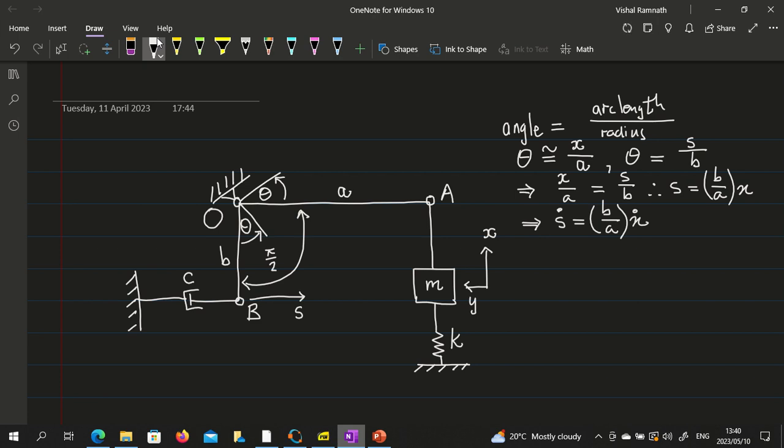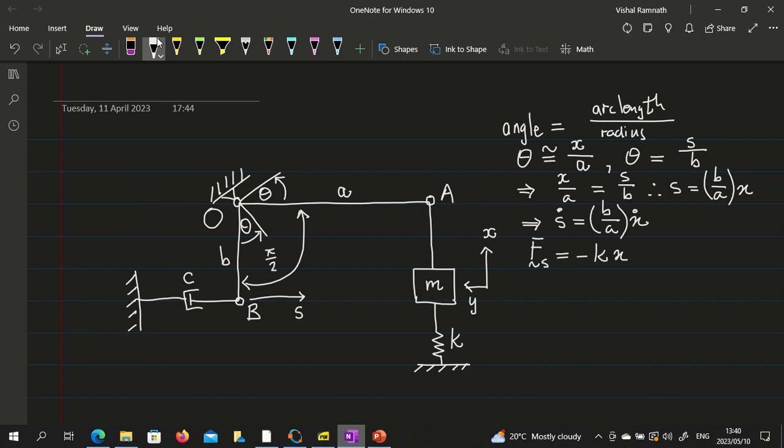If m is the mass, it moves up to x, the displacement would be the displacement of a. So the spring force is going to be minus the spring constant times x. Now, if this moves up a distance x, this would move theta in the counterclockwise direction.